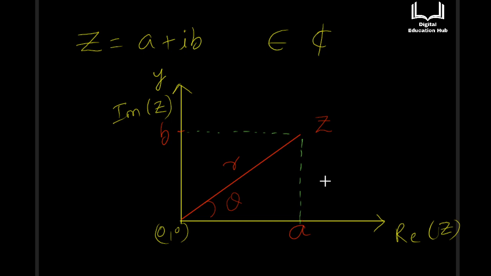The one we studied previously, that is z equal to a plus ib, is called the rectangular representation, and the graphical one where we are using r and theta would basically create the polar form. We will see that in the next session.